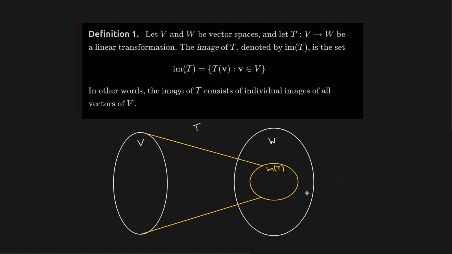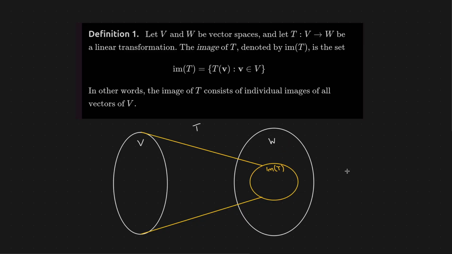Often we'll call it the range of the function. The same idea here. It's just where the vector space is mapped to within W. It doesn't count all the little points over here that nothing maps to.